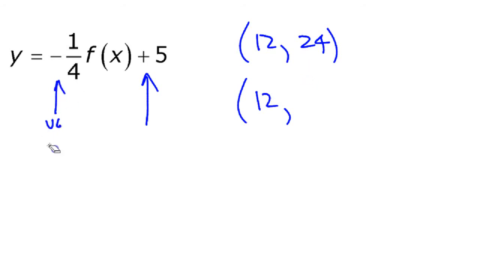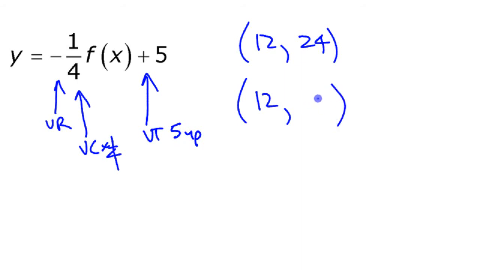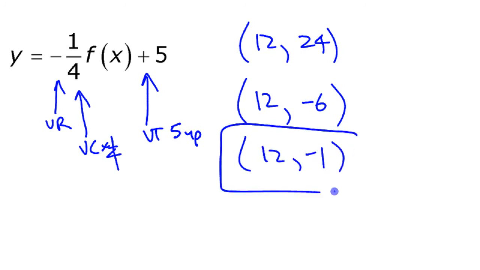Vertical reflection and vertical compression by 1/4, vertical translation 5 up. So if we do all those changes, as long as we do the first 2 first, this is going to become negative 6, and then we have 5 up is going to give us -1. That's that point that you get to there.